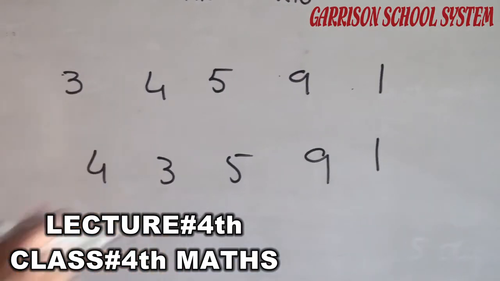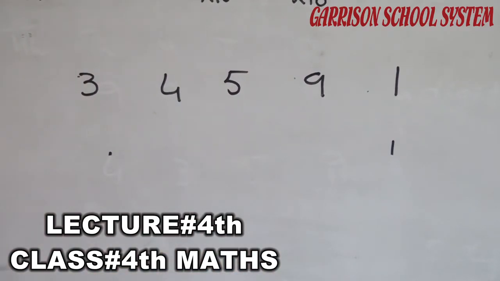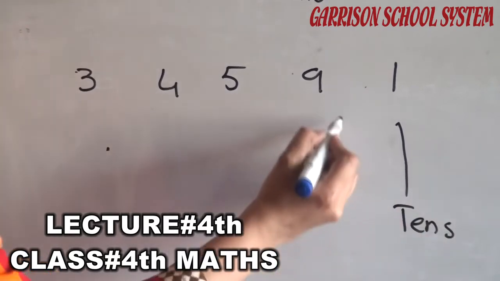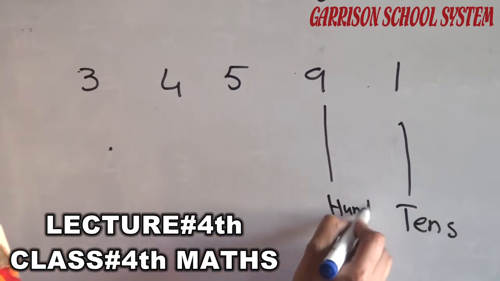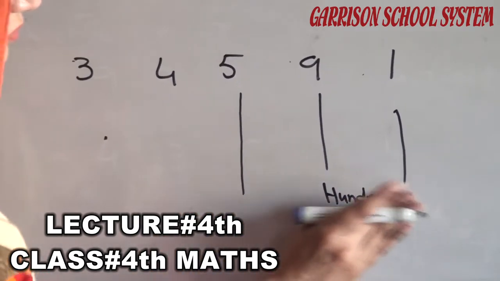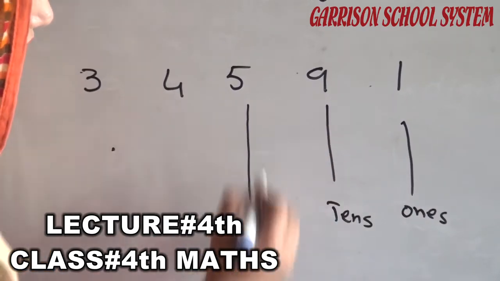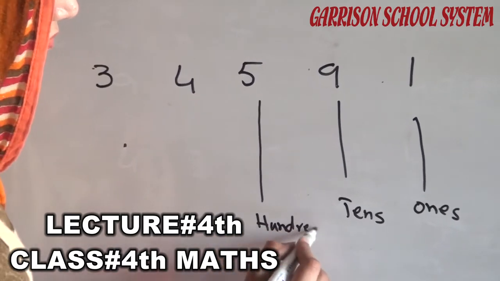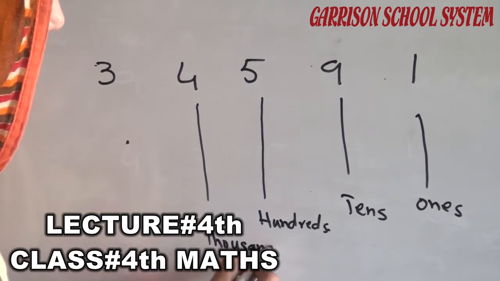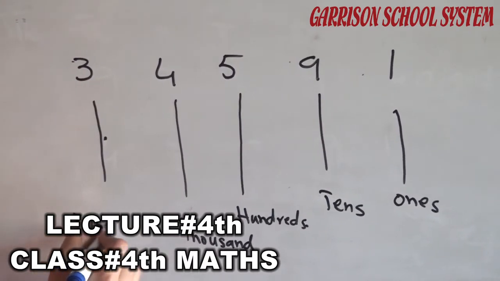Now, if I write 1 as ones, 9 as tens, 5 as 100, 4 as 1000, and 3 as 10,000.